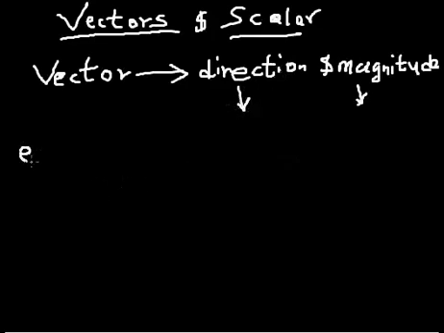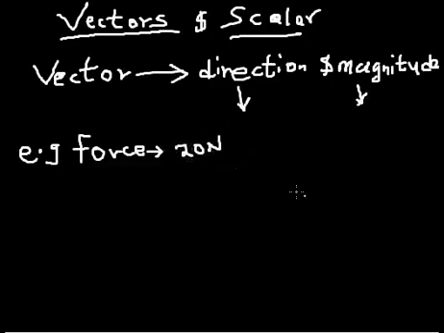Now, an example of a vector quantity is force. If I describe a force to be a force of 20 newton, then 20 newton is the size of the force, or the magnitude of the force, but it is not complete information. I need to express the direction in which this 20 newton is acting.